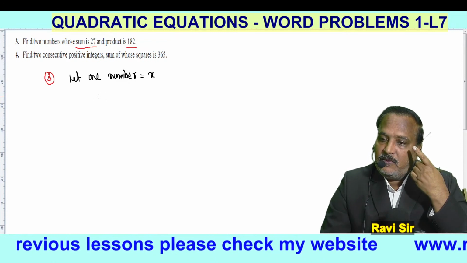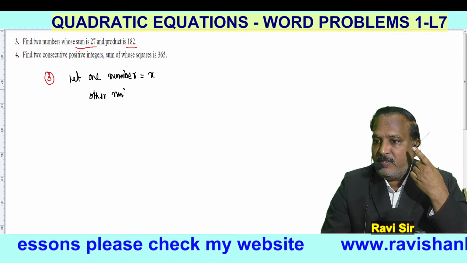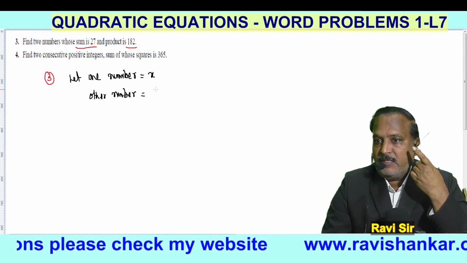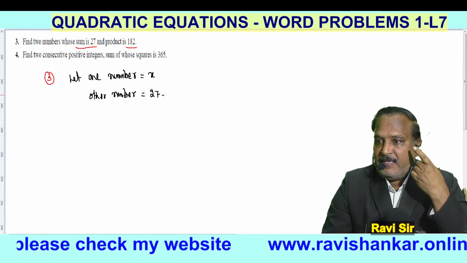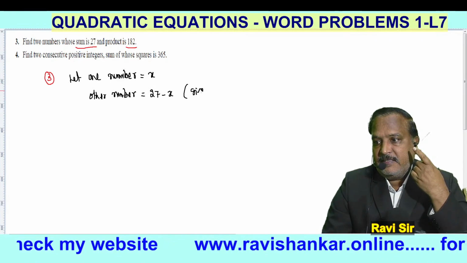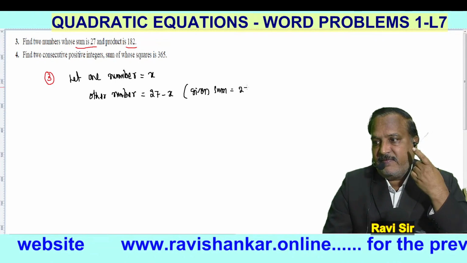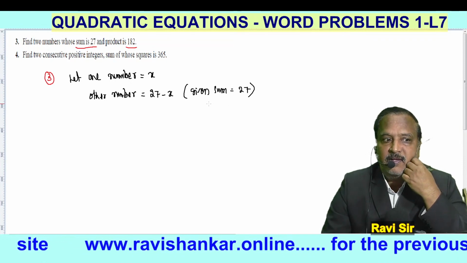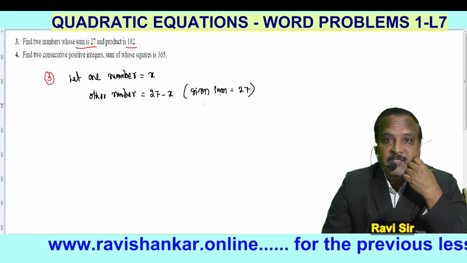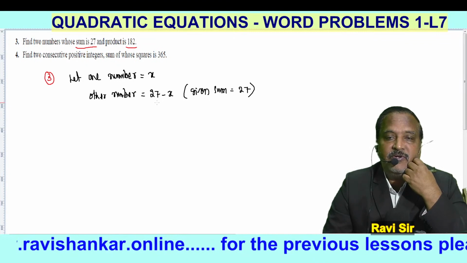So then what is the other number? Therefore the other number is 27 minus x, because the given sum is 27. That is why if one number is x, another number is 27 minus x.